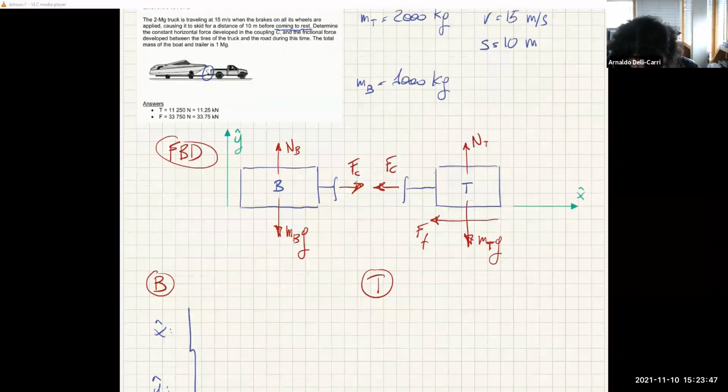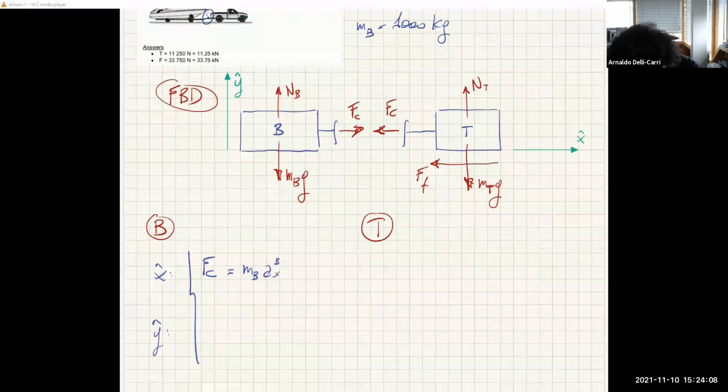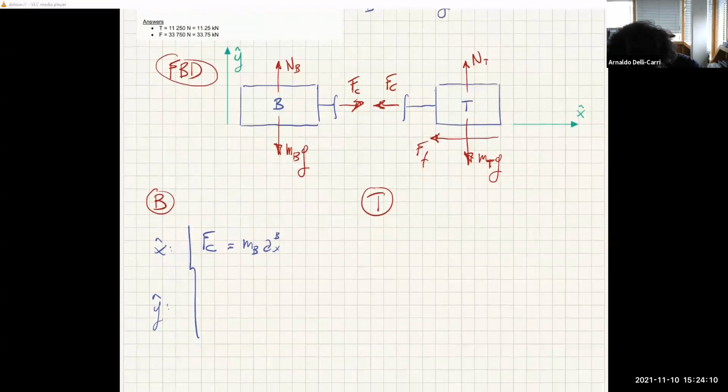So along the x-axis, I have that for body B, the towing force equals the mass of the boat times the acceleration along x of the boat. In the y-axis, I just say that the normal force on the boat is just the weight of the boat itself. Very easy.